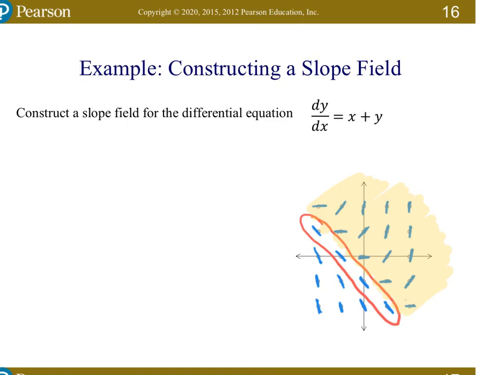So that would be considered positive concavity. Whoops, different marker, there we go. Okay, there's positive concavity. And then the section below the diagonal y equals -x has negative concavity.